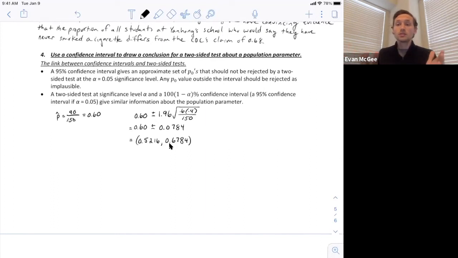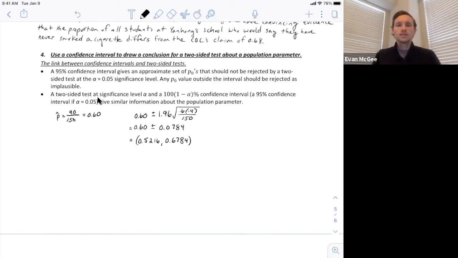We wouldn't have evidence to believe that it's not true. But since 68 doesn't fall within this interval, we have reason to believe that 68 is not true. So we reject any null hypotheses that fall outside, but we would fail to reject if the null hypothesis fell within the interval.